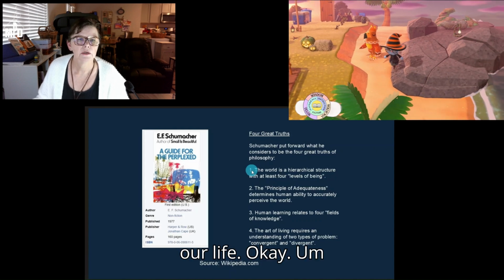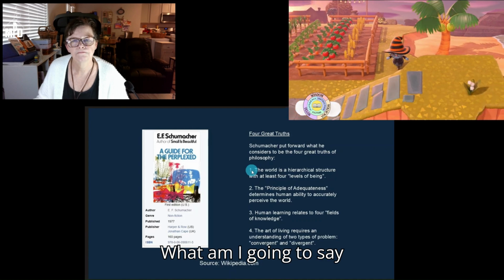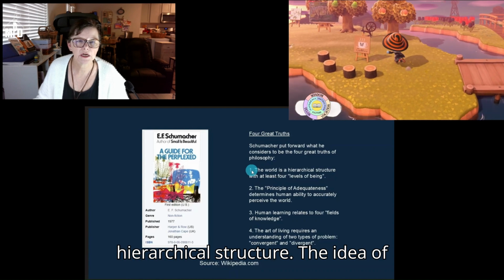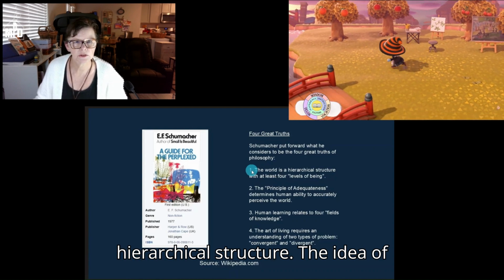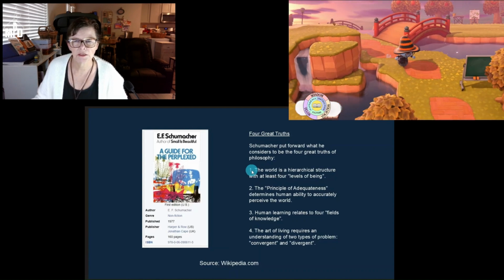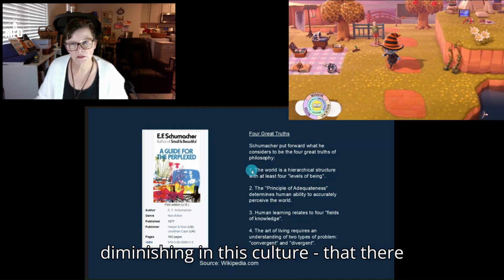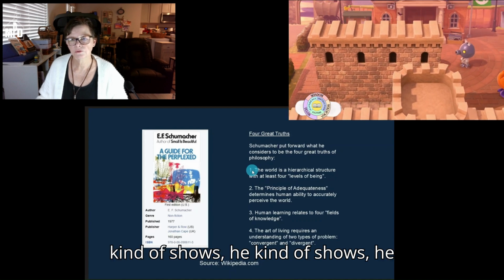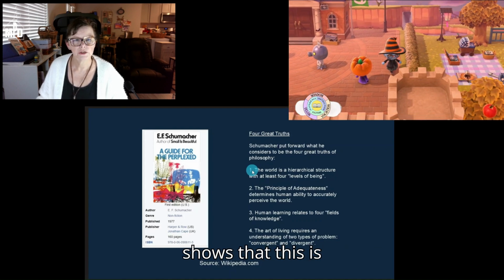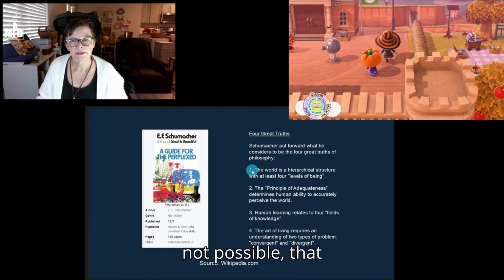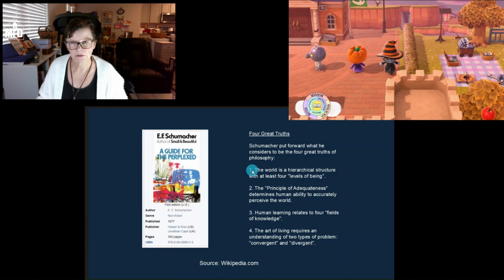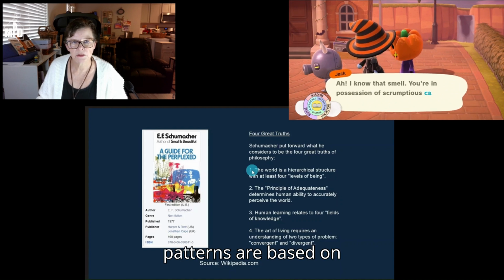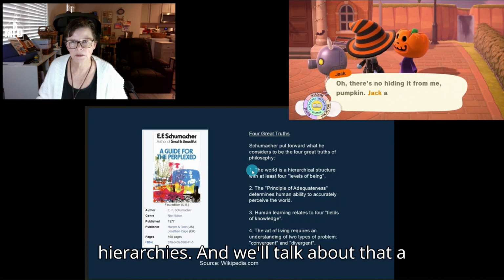Okay. And what am I going to say about this? Oh, yes, the hierarchical structure. The idea of hierarchy is diminishing in this culture, that there should be no authority. He shows that this is not possible, that our entire thought patterns are based on hierarchies.